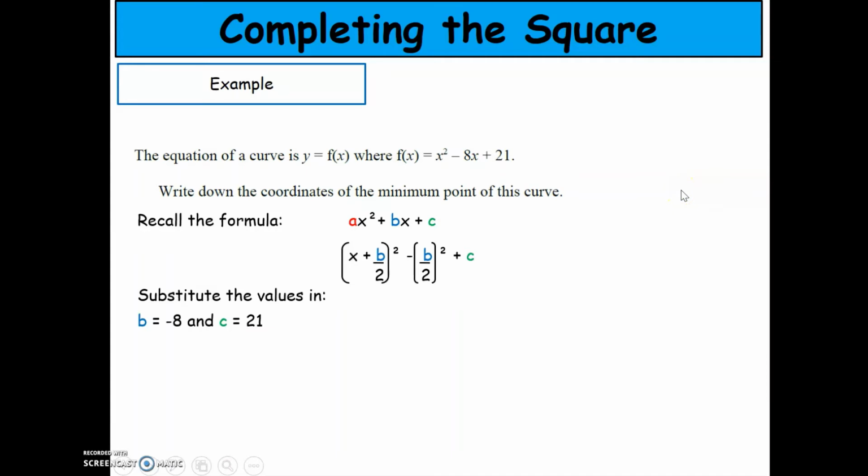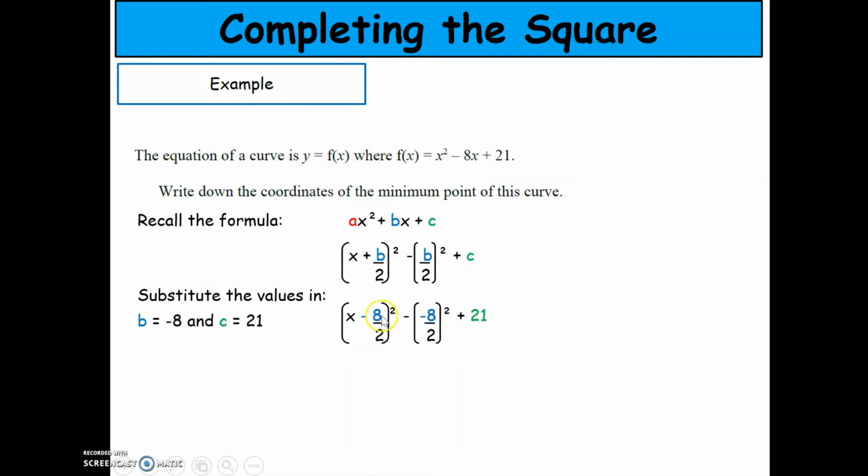I'm going to substitute them into our formula. I'm going to write down x minus 8 over 2, everything squared, minus minus 8 over 2, everything squared, plus 21.